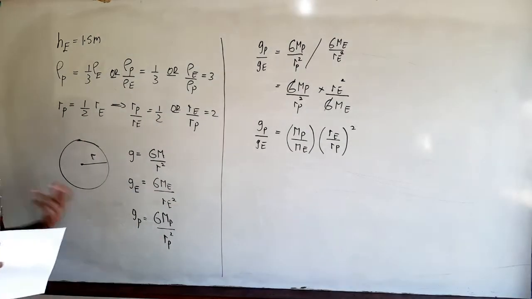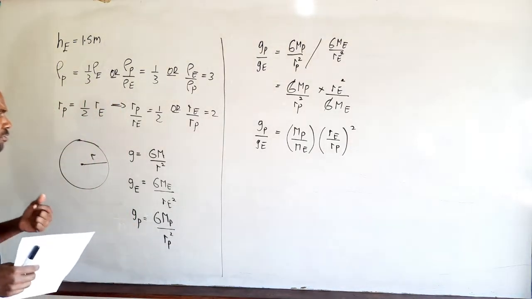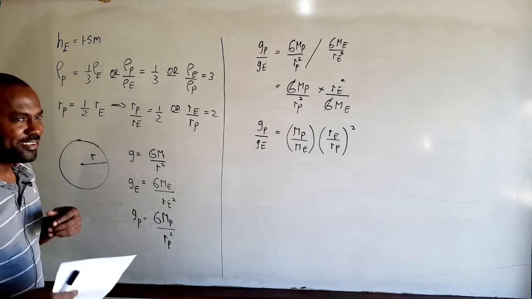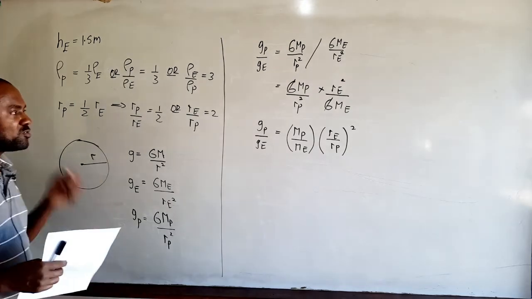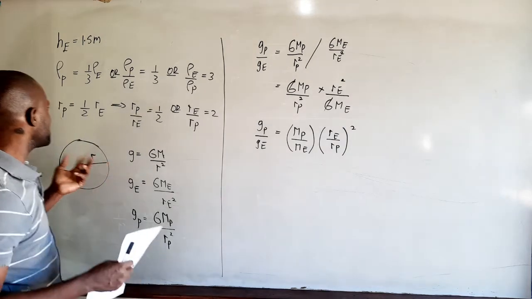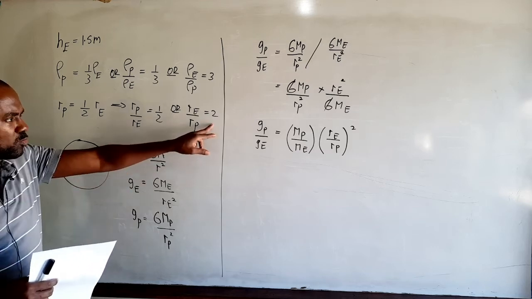And we can actually simplify it somewhat because we already have a value for the ratio of the radii. Singular radius, plural radii. So the ratio RE over RP is equal to 2, right?